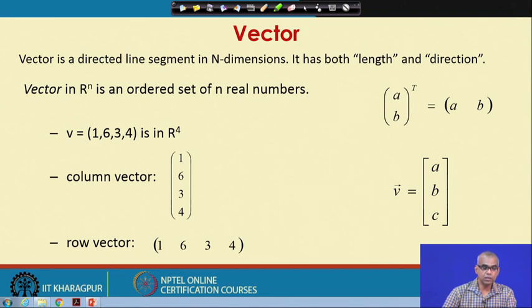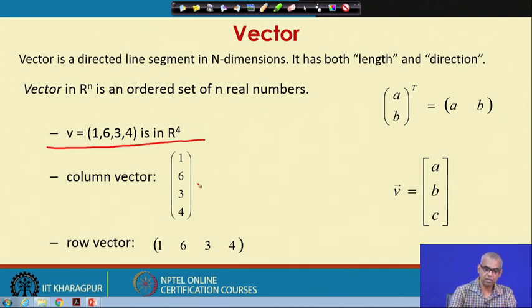So, V equal to (1, 6, 3, 4) is a vector in 4 dimensional real space. Why? Because it has 4 elements.